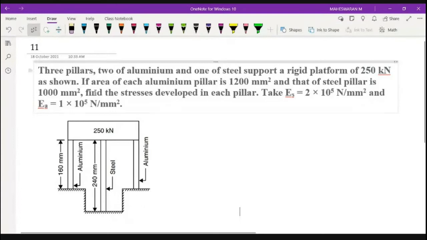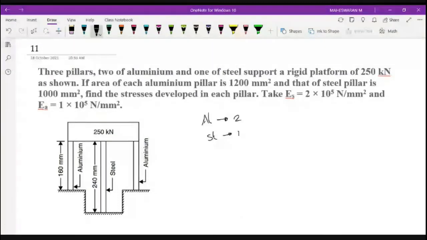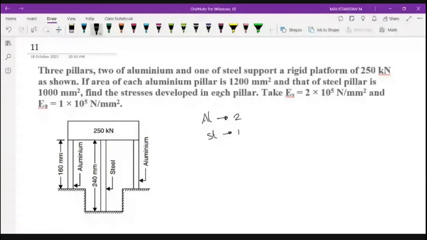So in this problem, there are two aluminum bars and a steel bar at the center. They mention the area for each of these. Area for aluminum, they mentioned, is 1200 mm square.